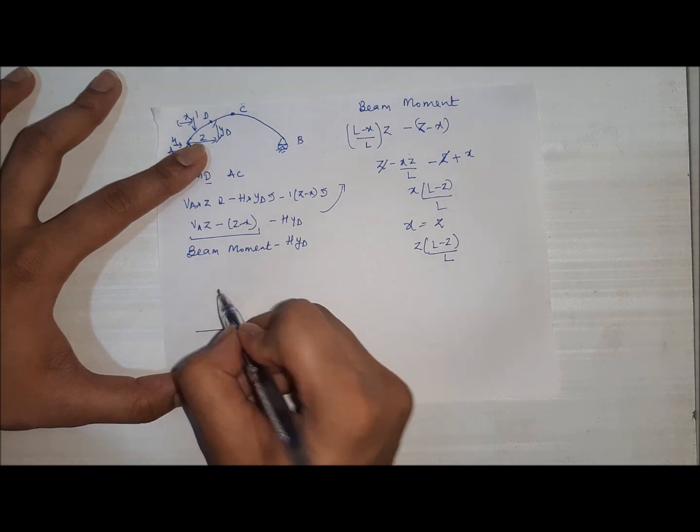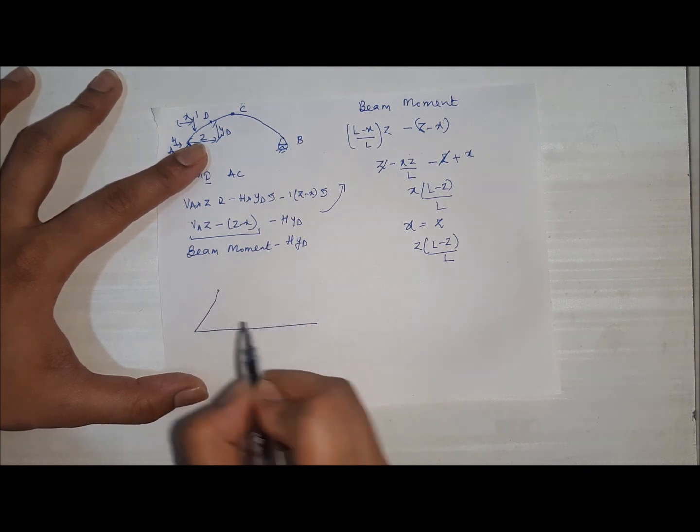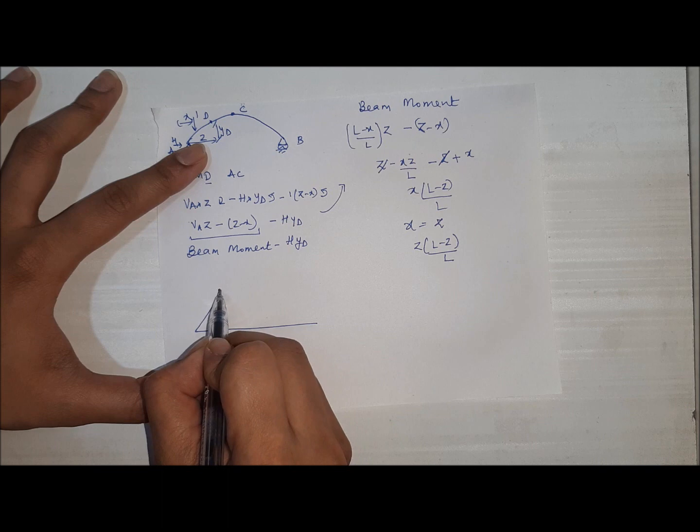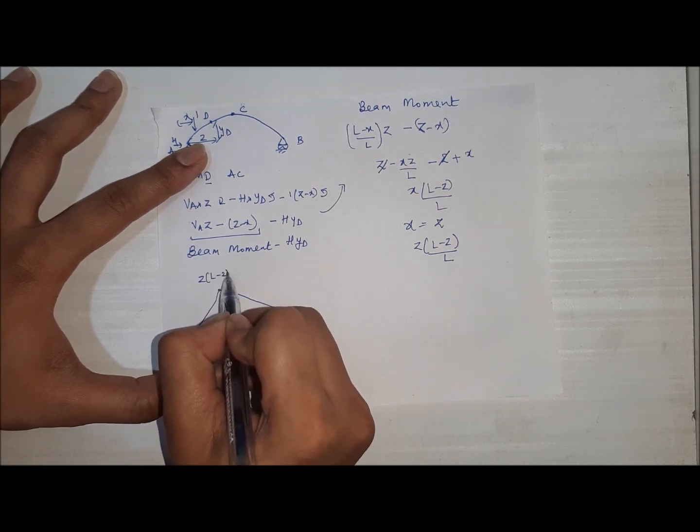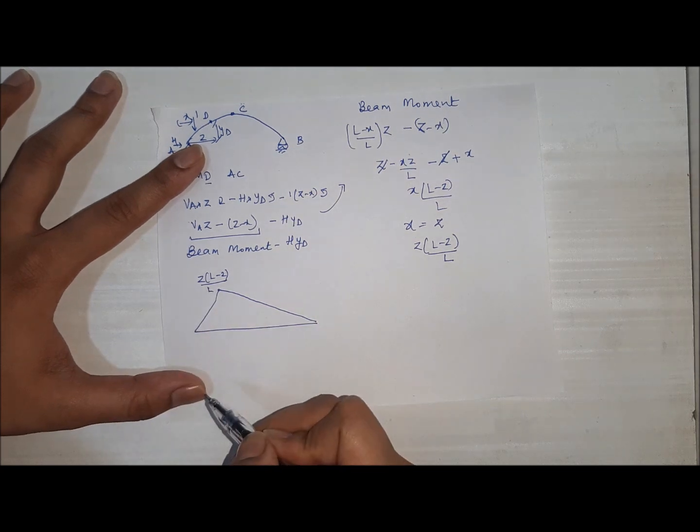So we will draw this figure. This is the point D and this is our triangle, Z (L minus Z) by L.